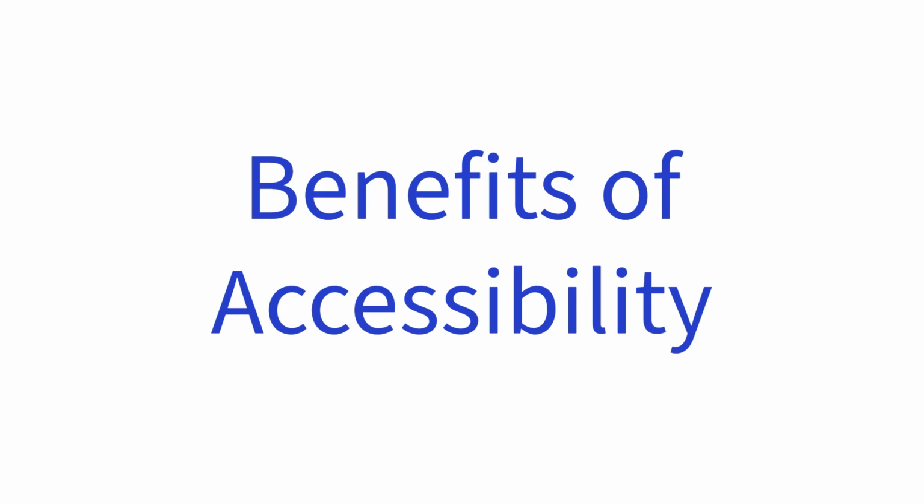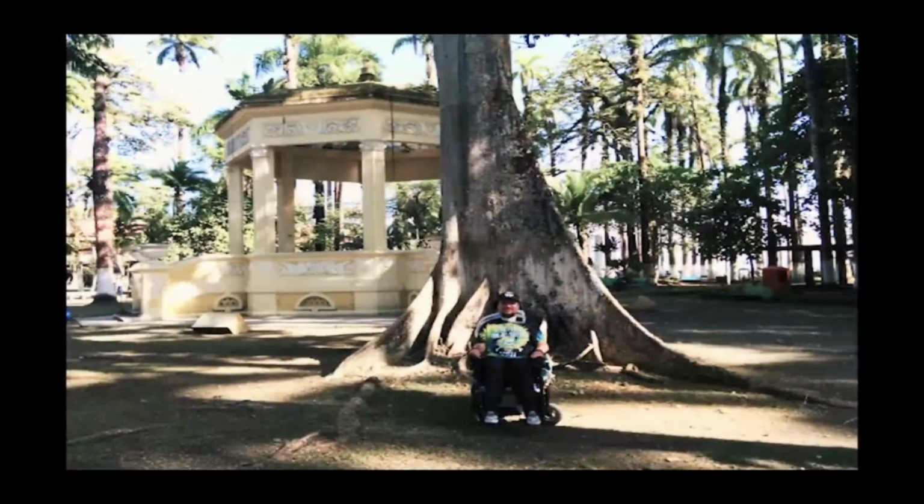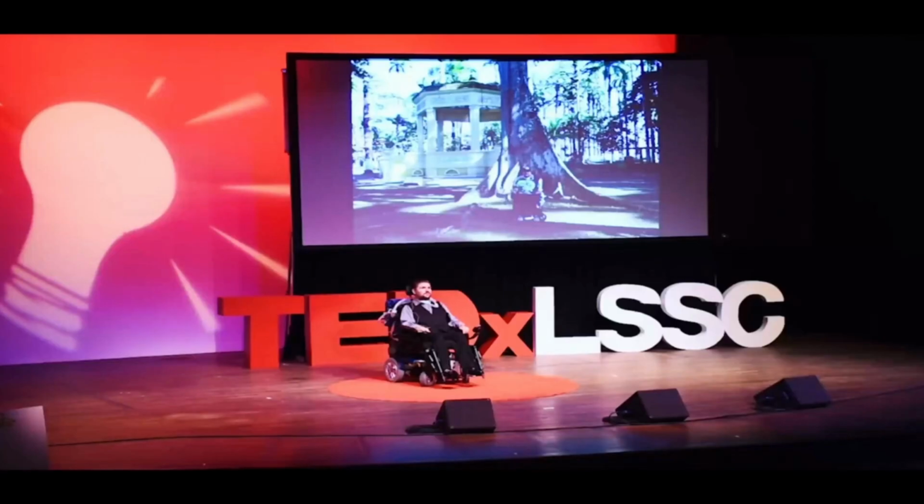So, what are the benefits of accessibility and universal design for the broader population? Accessible technology can make it possible to have a life full of purpose, a life that's dignified and worthwhile. But that technology you can only get if someone makes it.